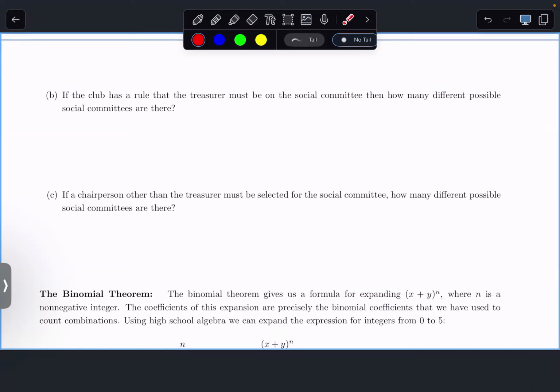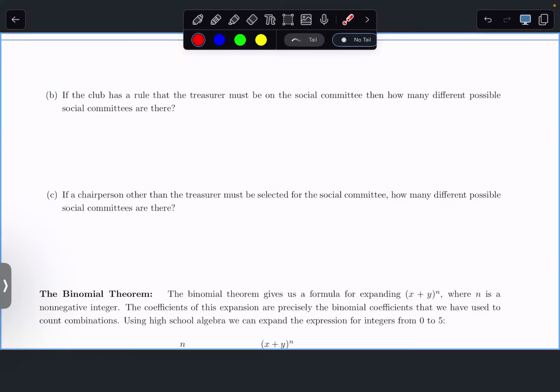More of these. You can see why I don't like having these, unless they're ones that we have seen a pattern for many, many times, right? I'm not going to put them on the test. But we're just getting used to it. So if the club has a rule that the treasurer be on the social committee, then how many different possible social committees are there?